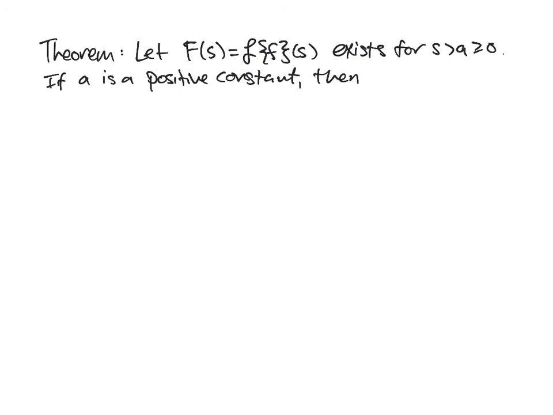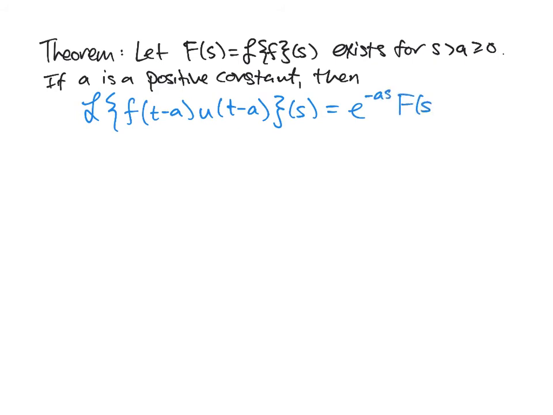One, we can write this in another color for fun: the Laplace transform of f translated times the unit step function is going to be, so if we translate things and cut them off in the t universe, that equals multiplication by an exponential in the F universe.